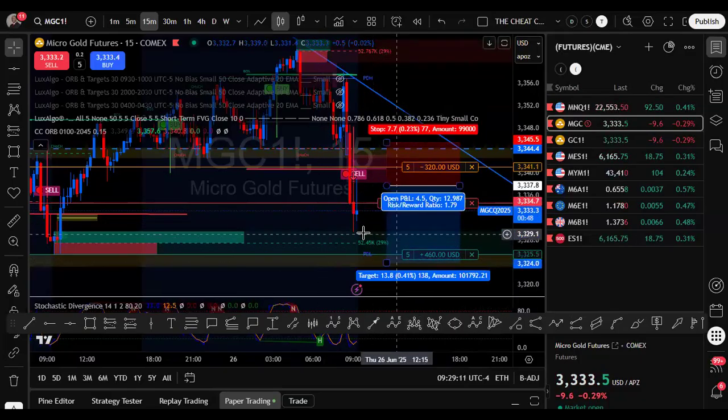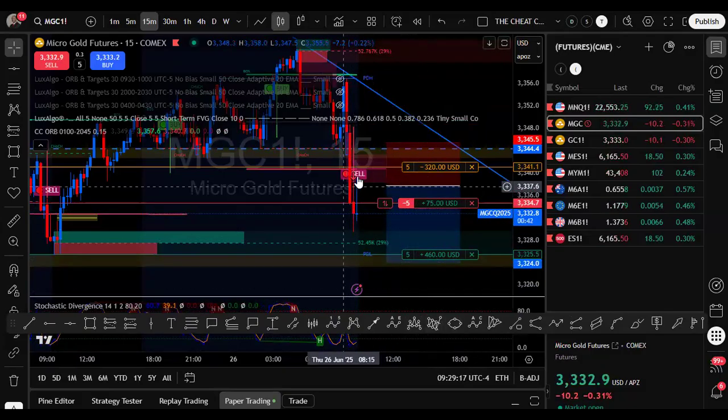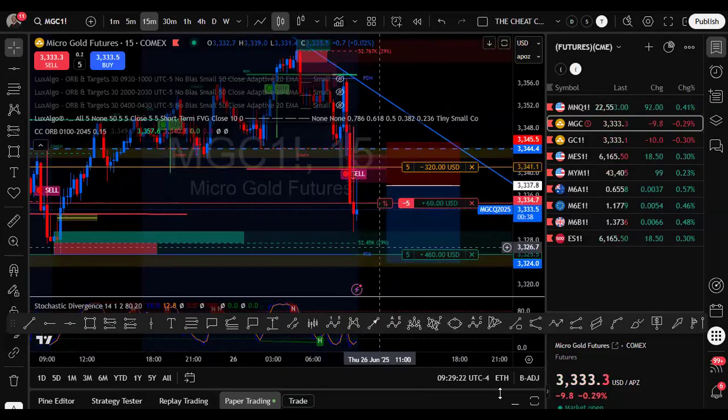The 9:30 candle liquidity is about to settle in. So we'll see if we were correct. We got the CC ORB sell confirming this move. So we'll see if we hit down to here.